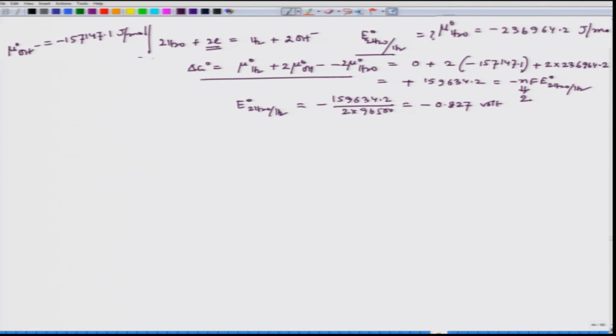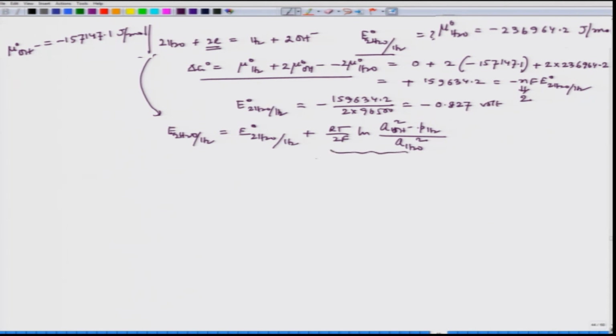Now, if I write it in terms of Nernst equation, now here this particular part we can simplify. So this becomes 0.0591 by 2.